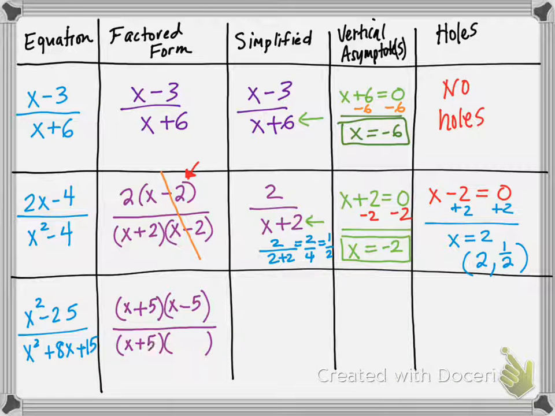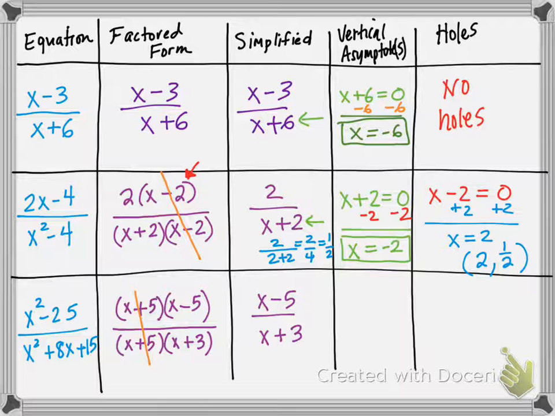So I would have x plus 5 and x plus 3. Taking a look at my rational expression now, I notice that there is a pair that I can cancel out. This simplifies as just 1, the x plus 5 over x plus 5. So my simplified form is x minus 5 over x plus 3.